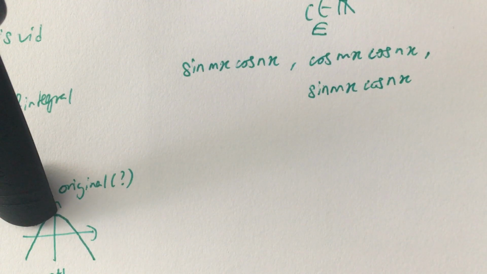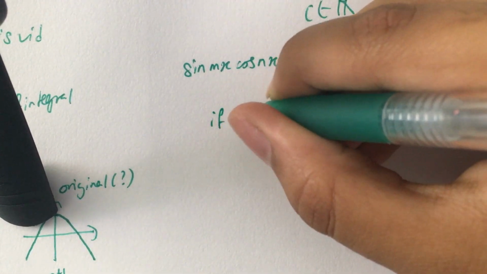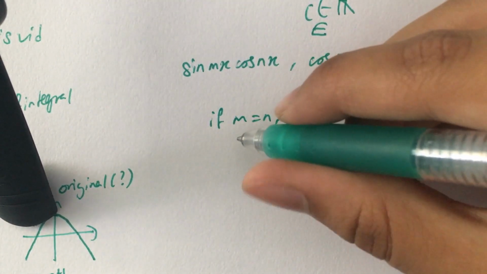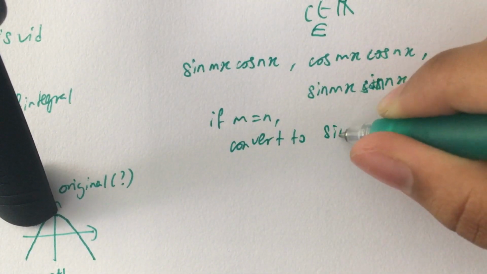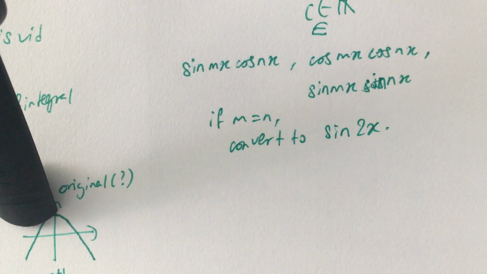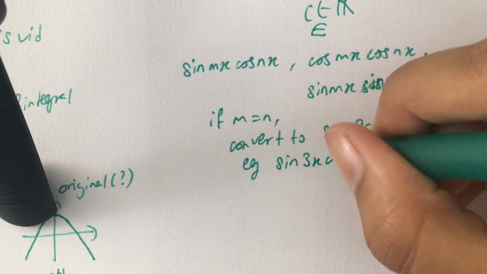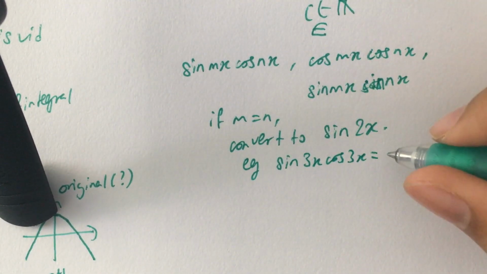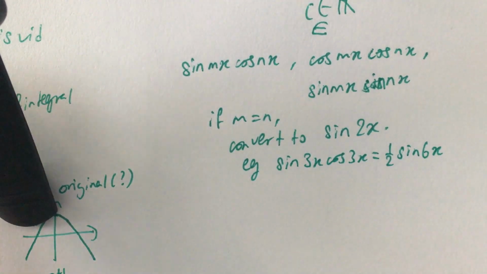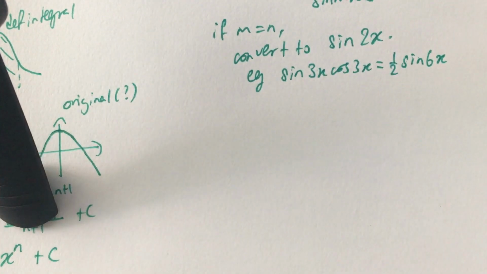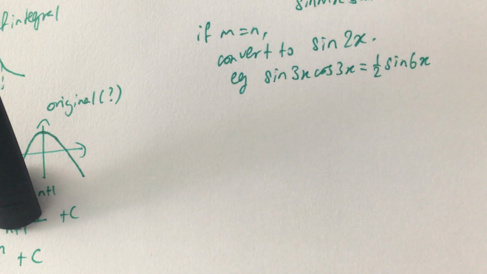If m and n were the same, then your job will be so much easier because it's just sine and cosine. You can pretend that one of them is the differentiation of the other one, and then just increase the power of the other one, or you can just change it to sine 2x. That's always a possibility.